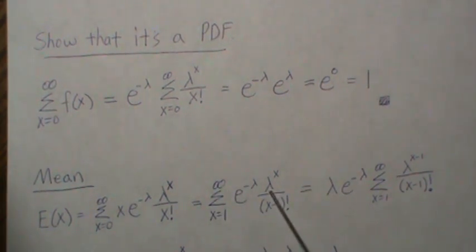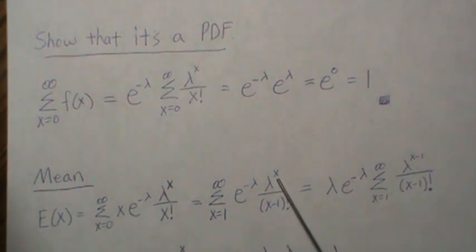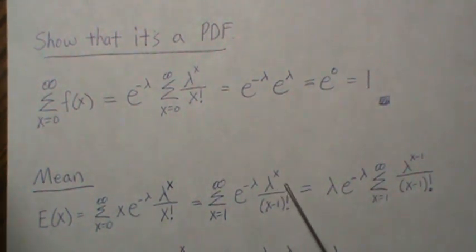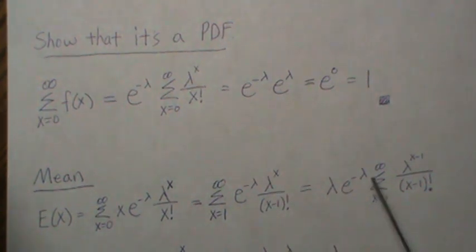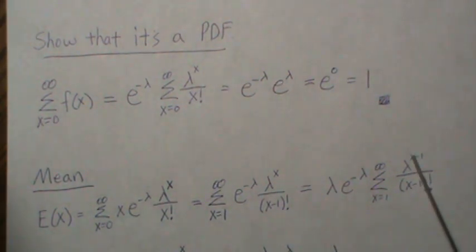We can break this lambda into lambda times lambda to the X minus 1, so their product is again lambda to the X. And then we take out one of those lambdas, and then we're left with this. Well, this is an index, so it can be anything we want it to be. So let's start it at 1 less. When X is 1, this is 0, and that's 0.